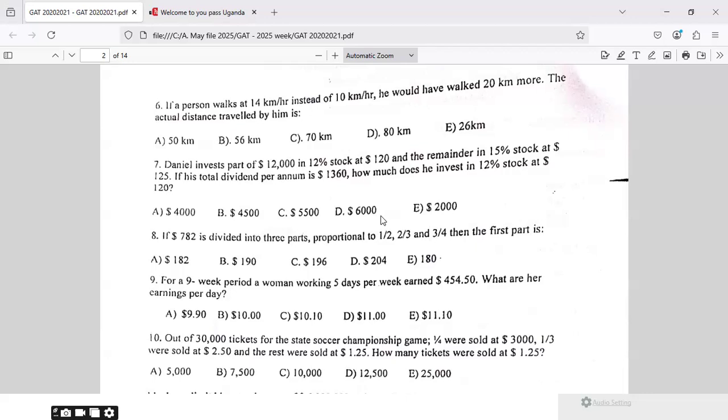Okay. Now, 8. If $782 is divided into 3 parts proportional to a half, 2/3, and 3/4, then the first part is... All right, let's put it down on paper.